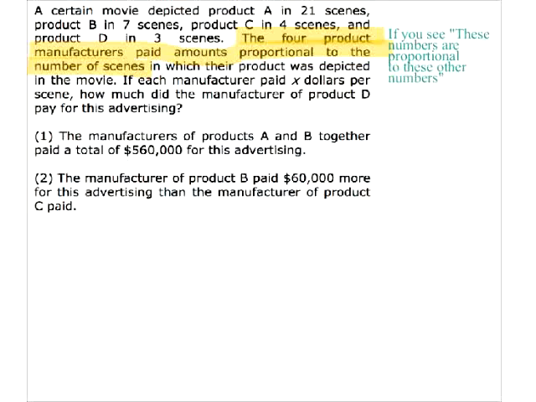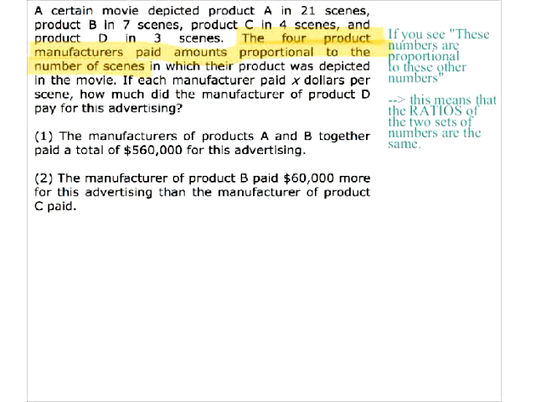Yeah, if you see, you could do a ratio of products to scenes, but what's easier to think about is what Miriam is saying. The payments are in the same ratios as the scenes. If these numbers are proportional to these other numbers, then this means that the ratios of the 2 sets of numbers are the same. So yeah, proportional to the other numbers.